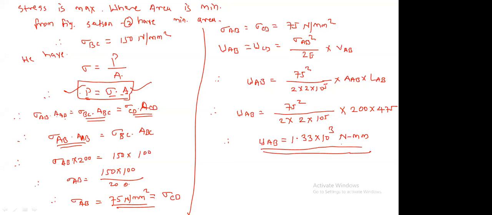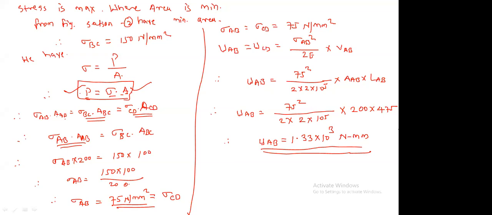U of AB is equal to 1.33 into 10 raised to 3. Let me check. Yes, 1.33 into 10 raised to 3 Newton mm.